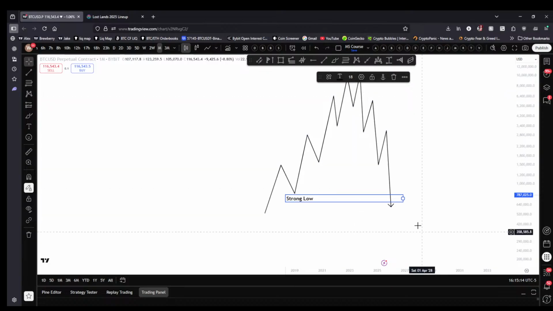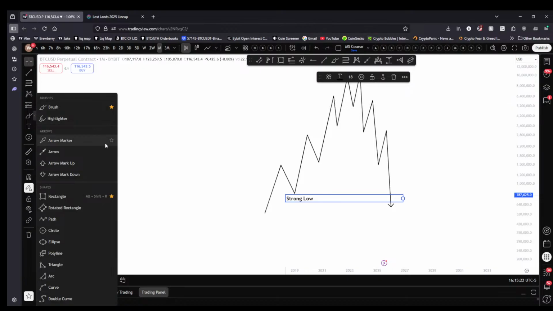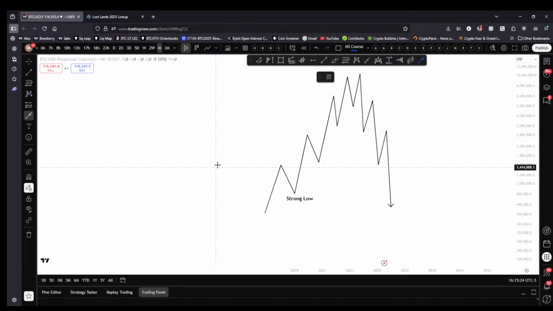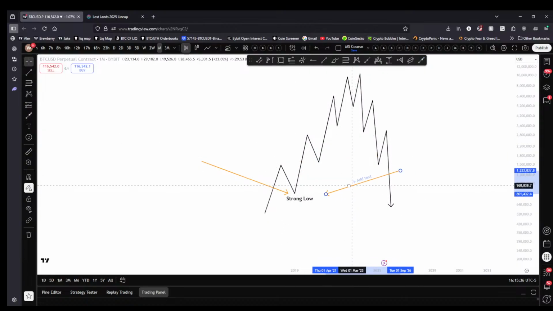So if this is your price action here, the job of this low here was to break this high. Since this low was able to break this high, it is good at its job, it is strong. That is now a strong low.